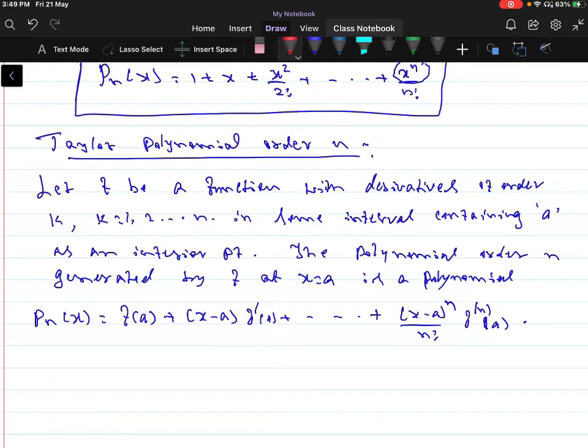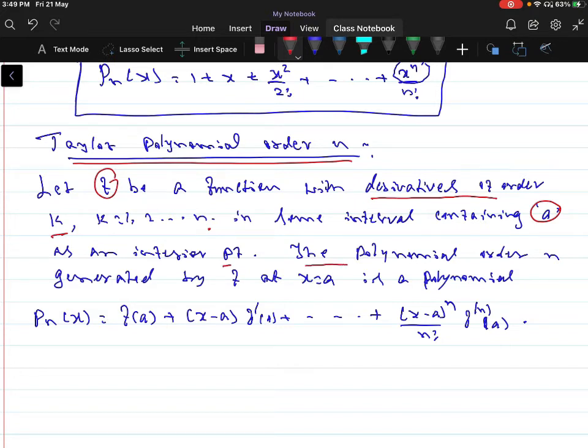We'll take the definition of Taylor polynomial of order n. Let f be a function with derivatives of order k, where k is equal to 1 to n, in some interval of convergence containing the point a as an interior point.